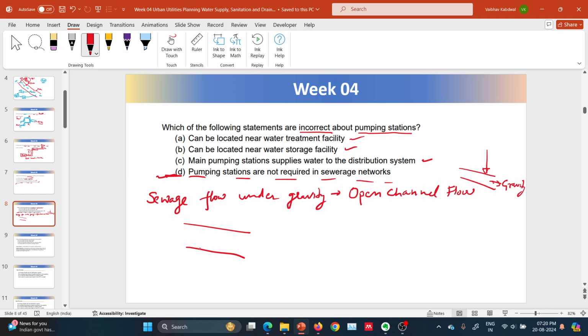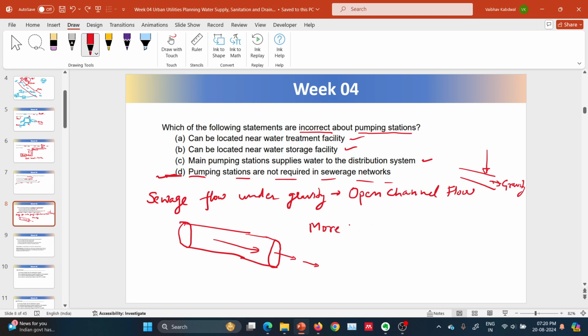So, but what is happening in sewage flow? These are the sewers. So the sewers are laid at a slope. So due to slope, we need more digging of the soil.